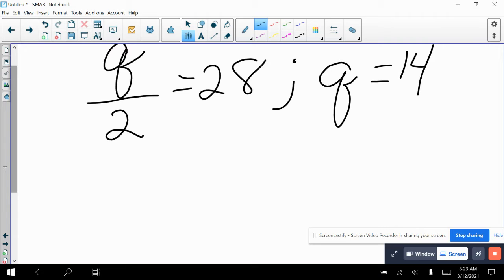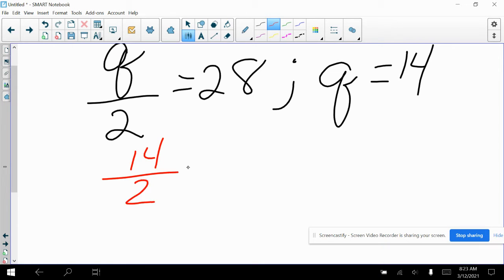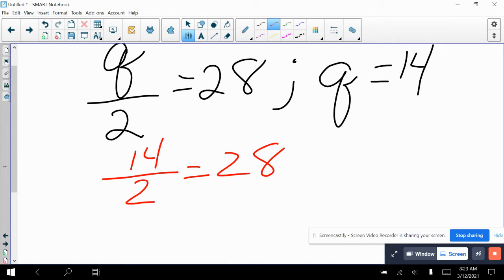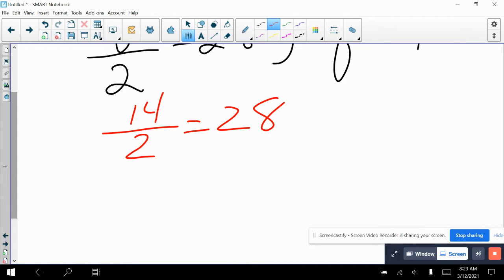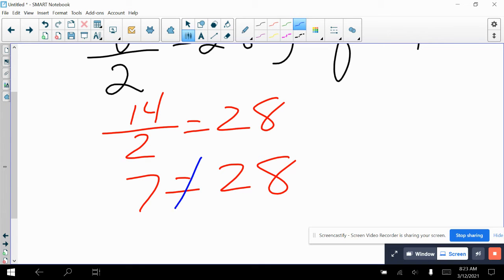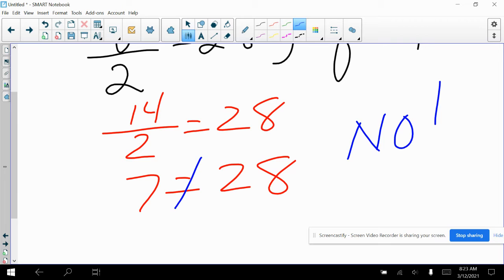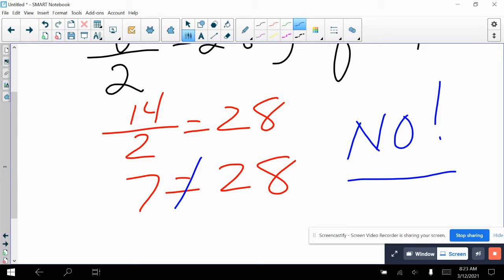They want you to plug that in. 14 divided by 2 gives me 28. 14 over 2 is 7. That does not equal 28. So the given value is not a solution. All right, I think you can handle those, right? It's pretty easy. Some of you have already done those.